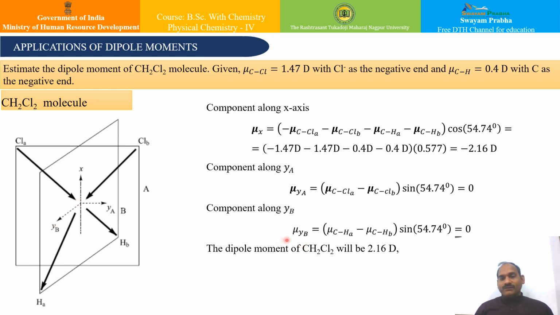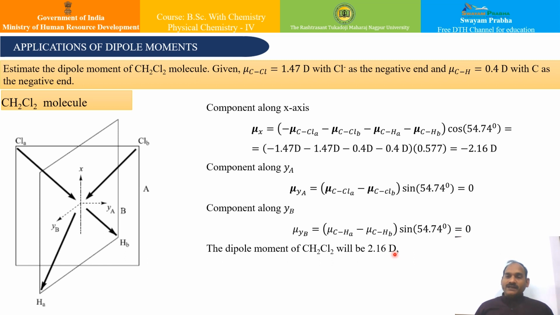Along YB, the dipole moments of C-HA and C-HB are again the same, so they cancel each other out, and therefore the dipole moment along YB is 0. Therefore the dipole moment of CH2Cl2 is due only to the x-axis component, which is all that remains of the three components, and so the dipole moment of CH2Cl2 will be 2.16 D.